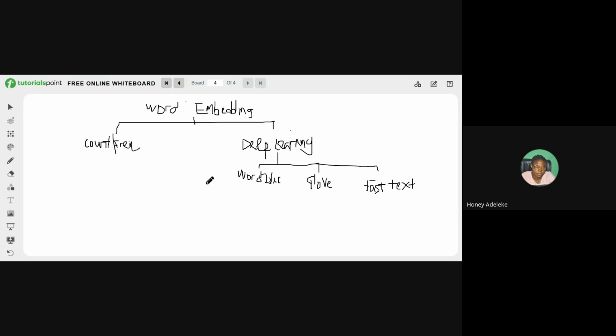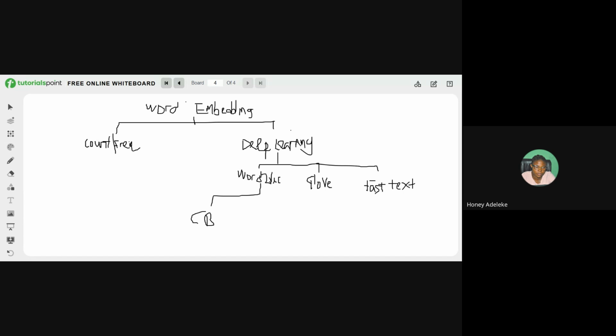Now, for Word2Vec, we have two approaches that can be used: the CBOW and the skip-gram. CBOW is a continuous bag of words. Who can tell me what we mean by bag of words?